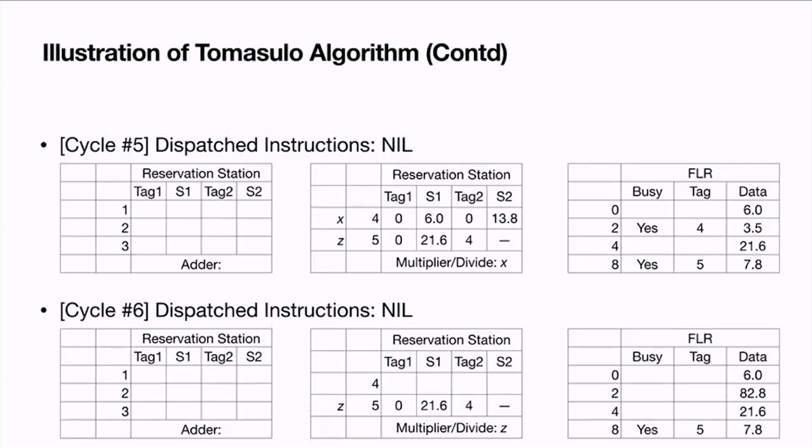Basically, after 9 cycles, all these 4 operations are going to be done. But if you are just considering the normal way, then it is going to take 10 cycles. This is a simple example, but if you consider a floating point operation based application with a large number of floating point operations, then you can definitely see the improvement because of this pipelining and the reservation stations associated with it.